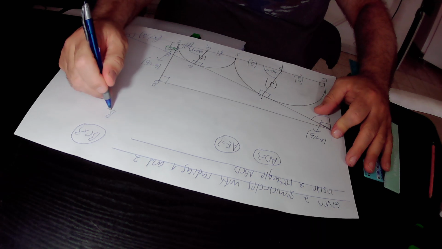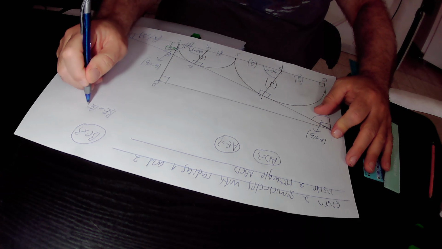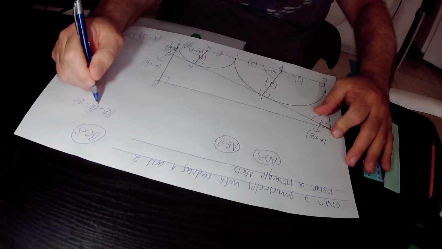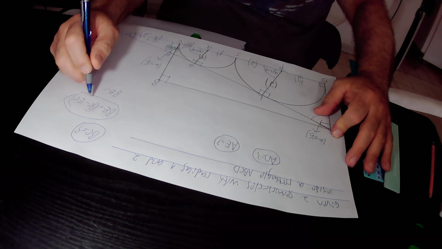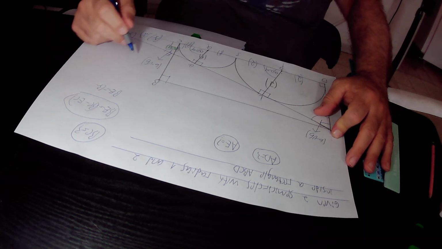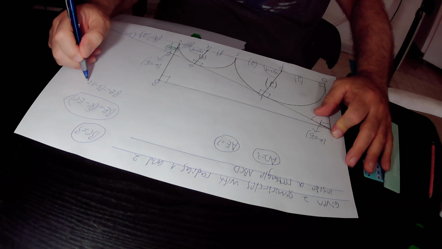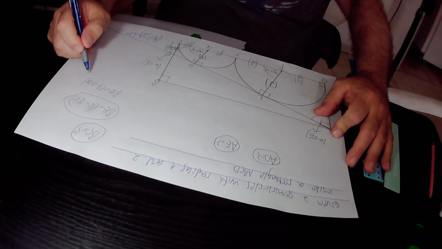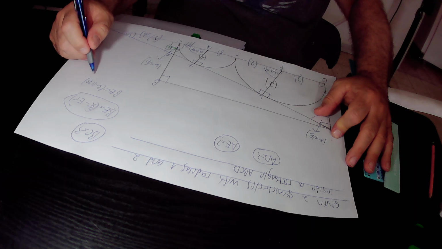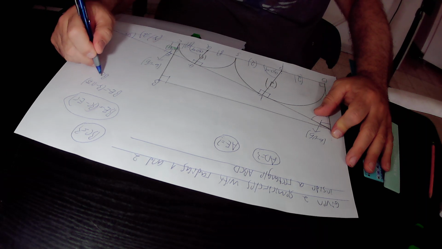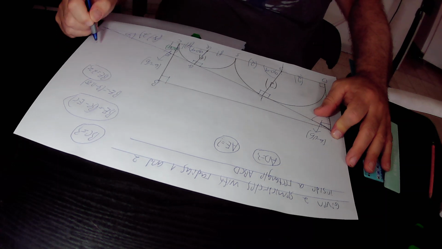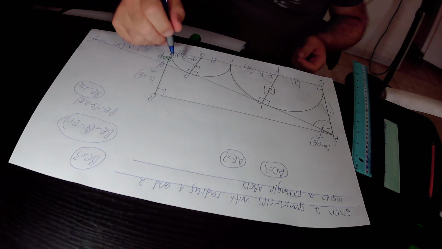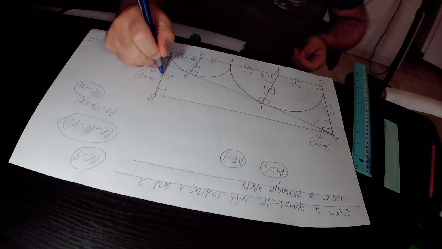BE equals BC, which is 3, minus EC, which is 0.75. 3 minus 0.75 is 2.25. So in conclusion, we found out that the missing line segment BE equals 2.25 units in length.